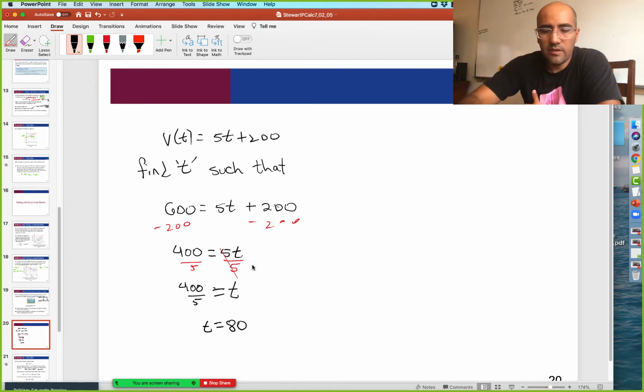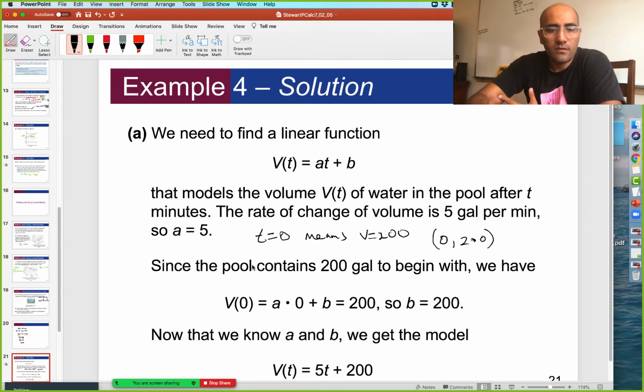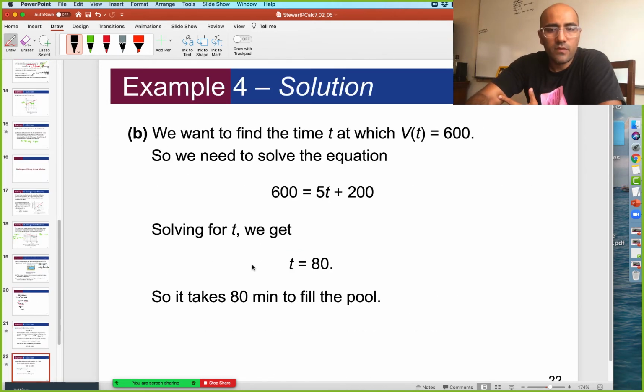Good. I think that's in minutes. So per minute, 5 gallons per minute. Okay, so it'll take them 80 minutes to fill out the whole thing. Any questions? It'll take 80 minutes to fill the pool.